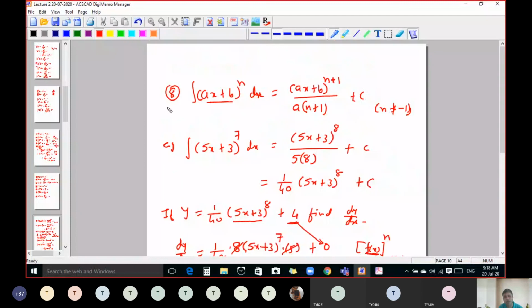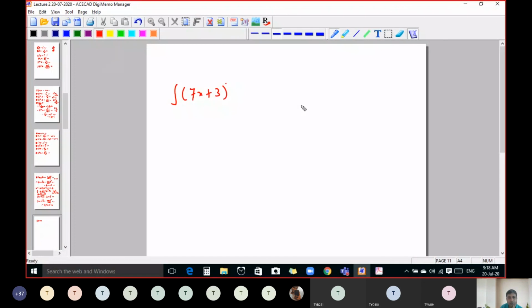Let us take one more example. Integration of (7x plus 3) raised to 4 by 5 dx. Now the answer is (7x plus 3) raised to 4 by 5 plus 1.